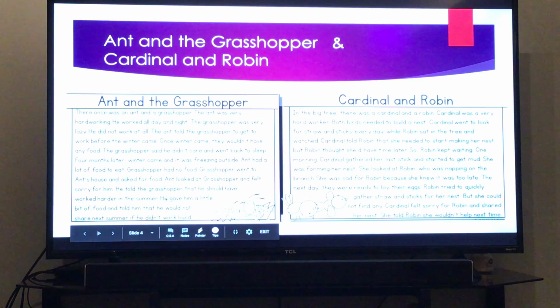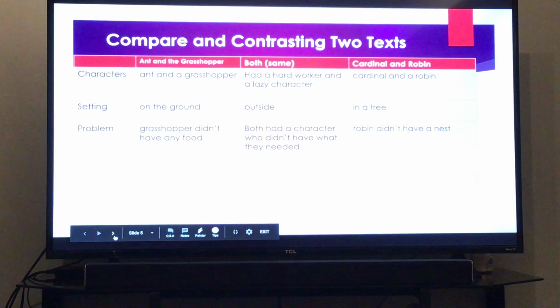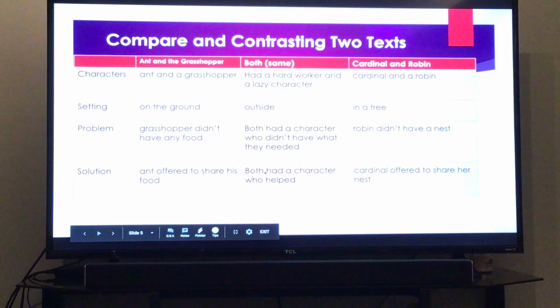He gave him a little bit of food. He means ant. That's the pronoun. It's taking the place of ant. And told him that he would not share next summer if he didn't work hard. In Cardinal and Robin, Cardinal felt sorry for Robin and shared her nest. So both had a character who helped.